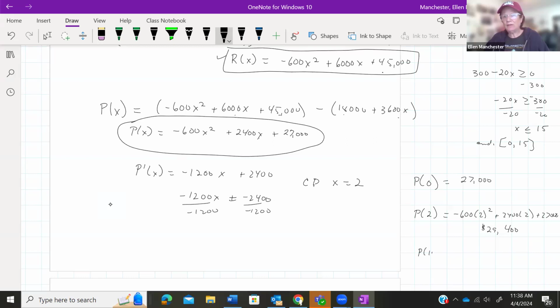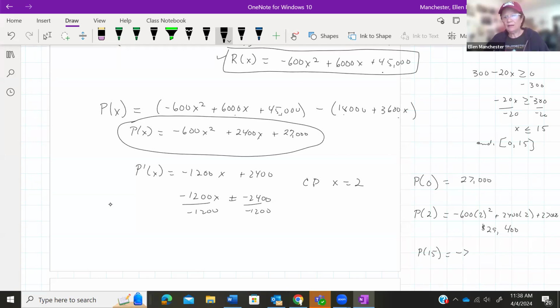And then if I plug in 15, remember, if I plugged in 15, my price goes to 0. So I end up with negative 600 times 15 squared plus 2,400 times 15 plus 27,000. Oops, I hit too many zeros.